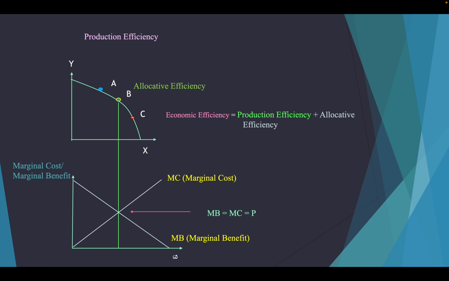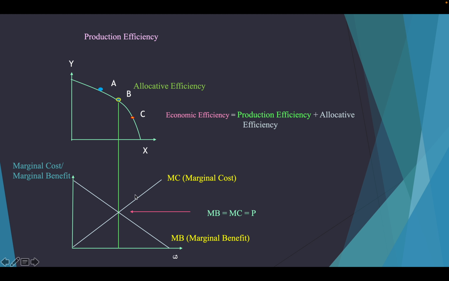Here, on the PPC curve, each and every point shows productive efficiency, but we take only three points, A, B, C, to represent it. When there is productive efficiency, two conditions should be satisfied: full production and full employment.